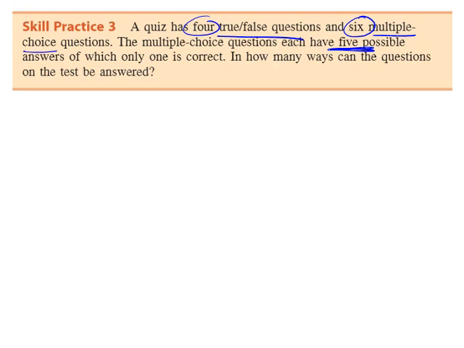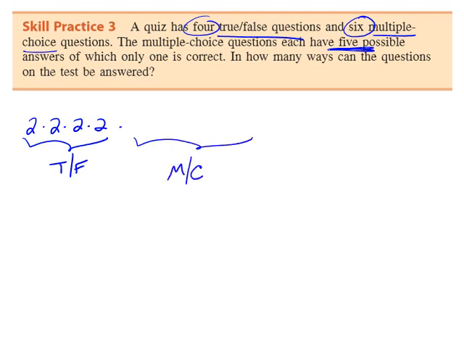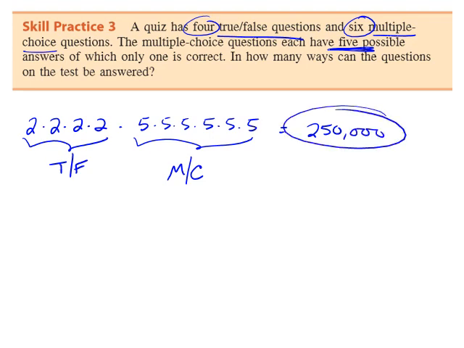So for the true-false questions, I have 4 of them, and they have 2 possible answers. Now the multiple choice questions, there are 6 of them, and they each have 5 possible answers. So 5 times 5 times 5, 6 times. Multiplying this out, you should get 250,000. So that's a lot of different ways you can answer a test.